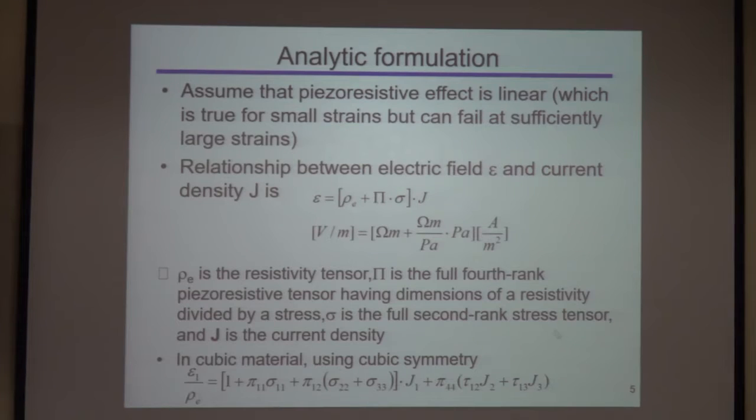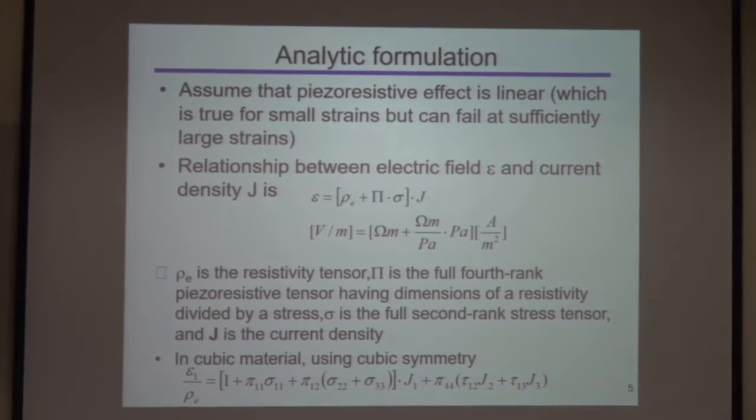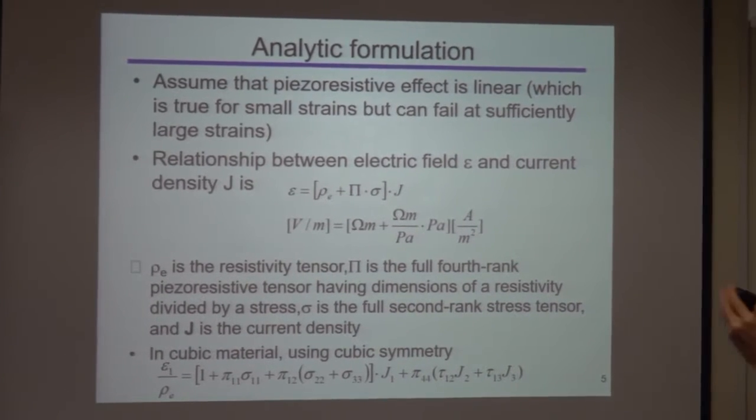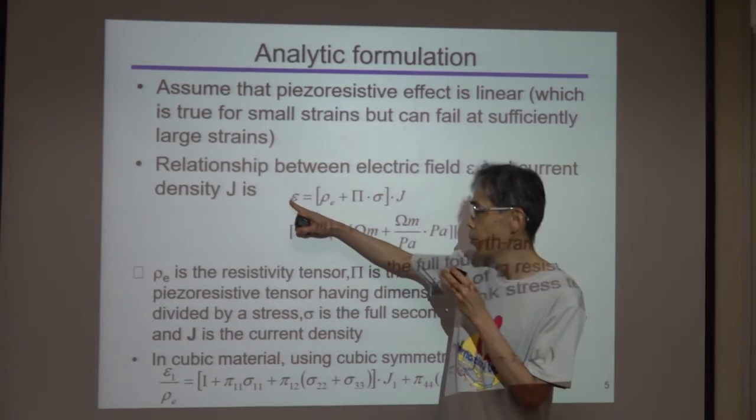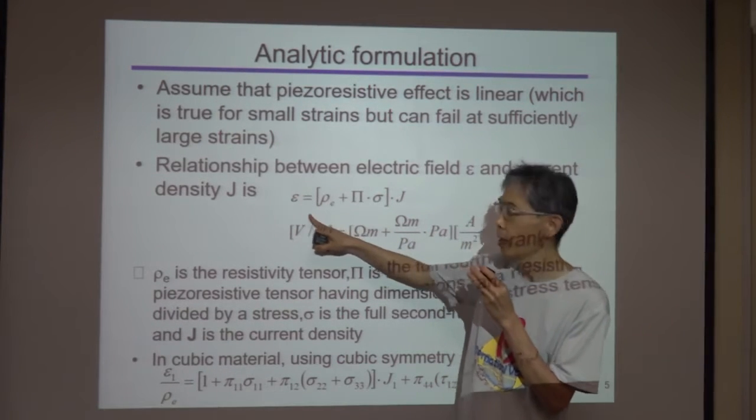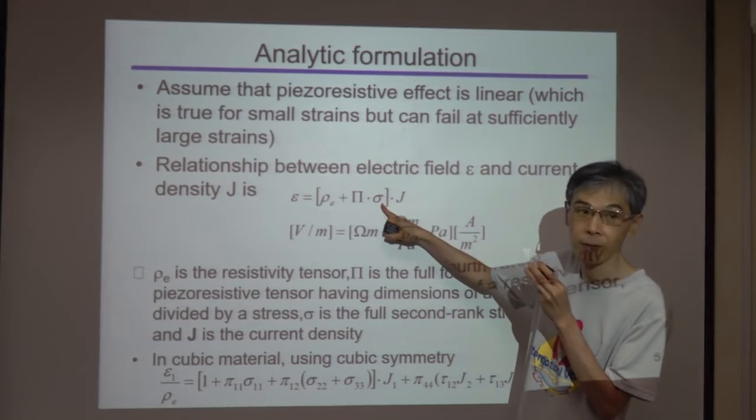Today we have a topic, a pressure sensor. And this time we will use piezoresistance for the sensing mechanism. Piezoresistance, if you look at this formula, this is resistivity. This one is stress.